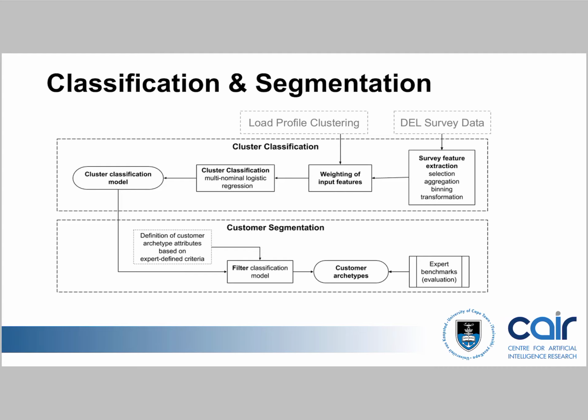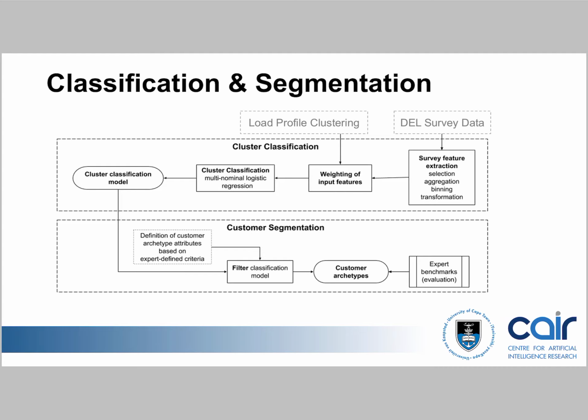In particular, what we've done with classification segmentation is we've taken our set of representative daily load profiles, and we use the survey data that we've got from the socio-demographic survey to give each cluster particular characteristic attributes.